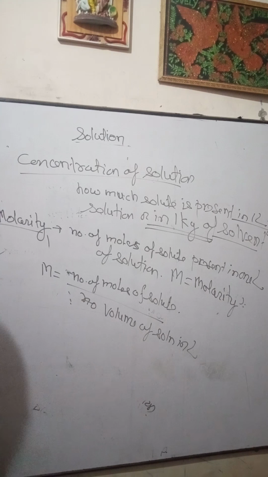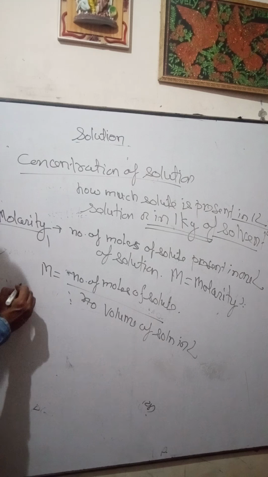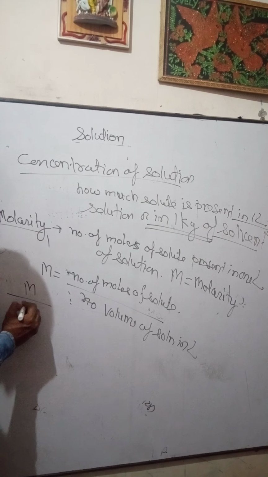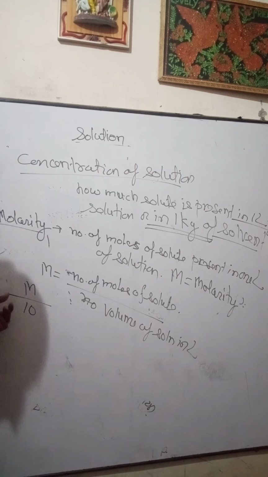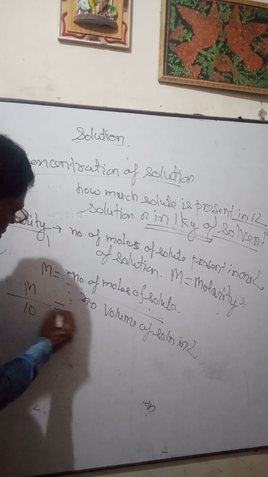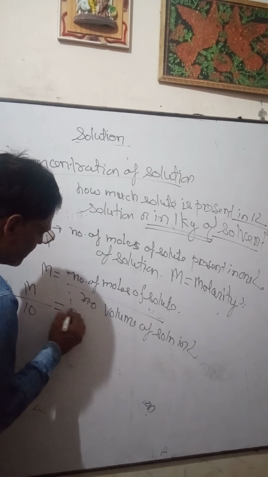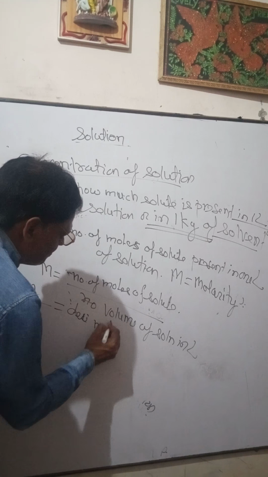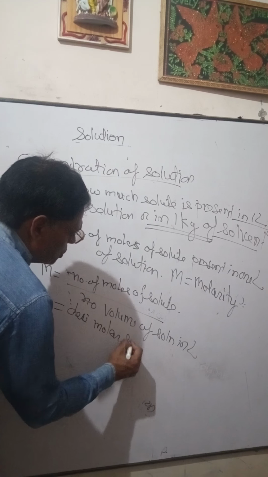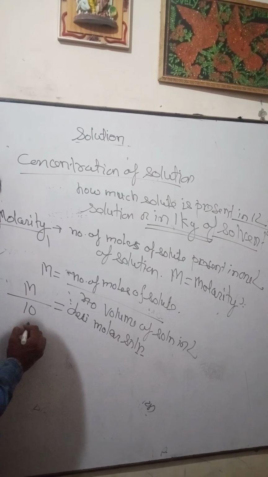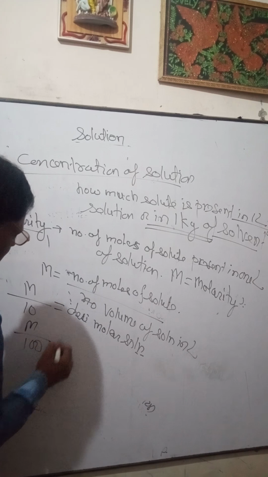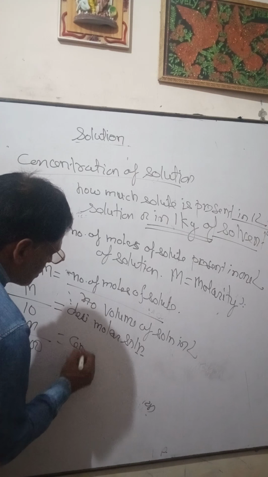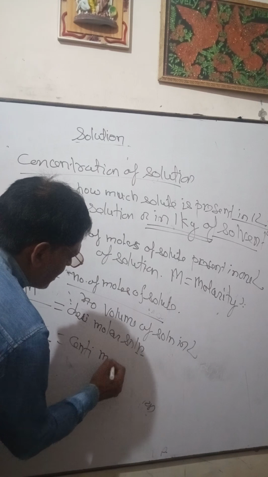Now here we have to see how to announce certain symbolic expressions. If the concentration of solution is given as M by 10, it is called a decimolar solution. In the same way, if M by 100 is written, it means centimolar solution.